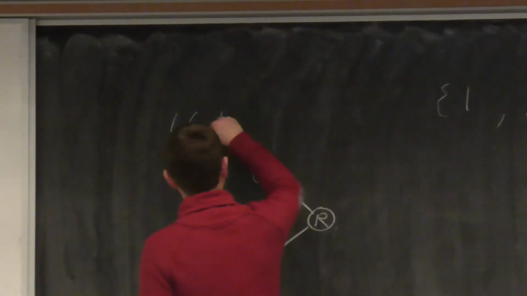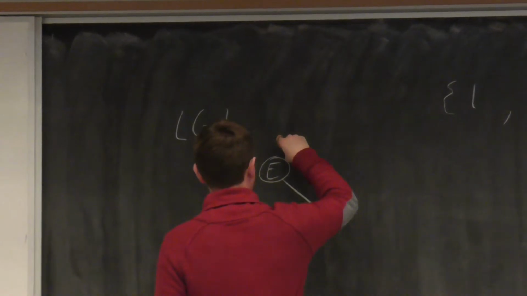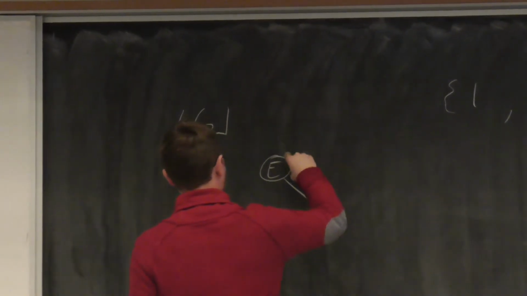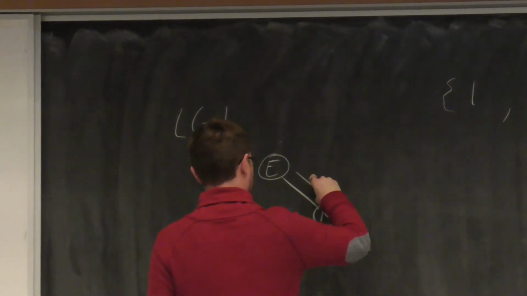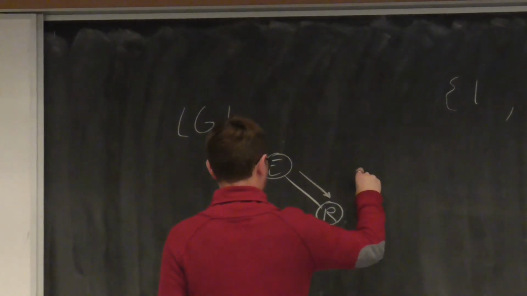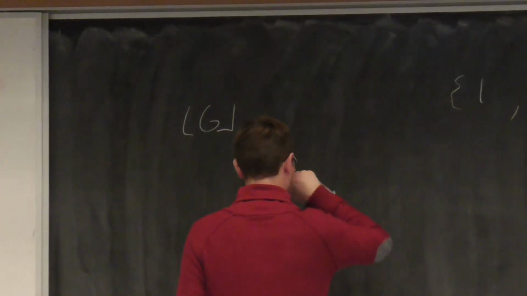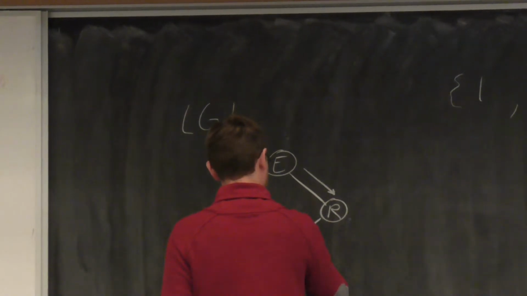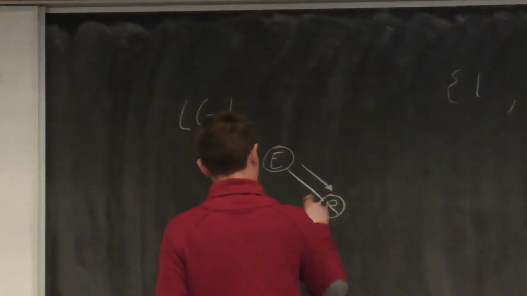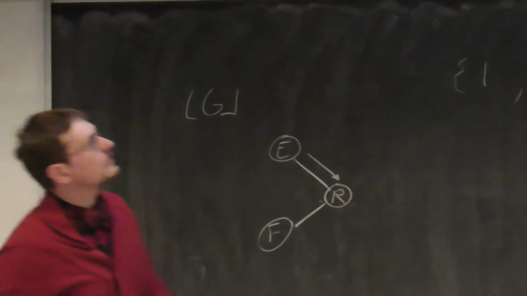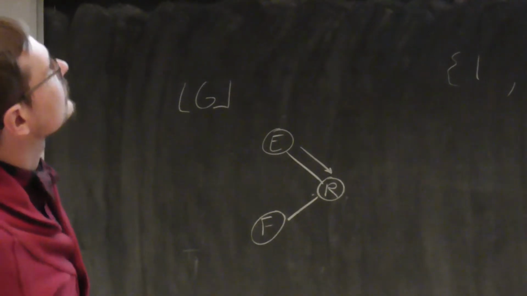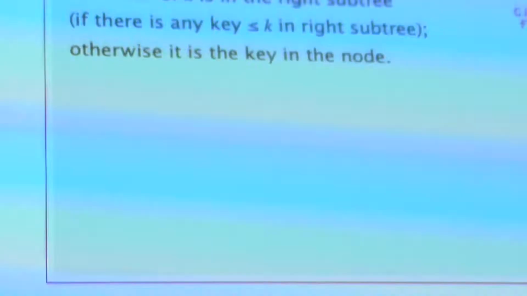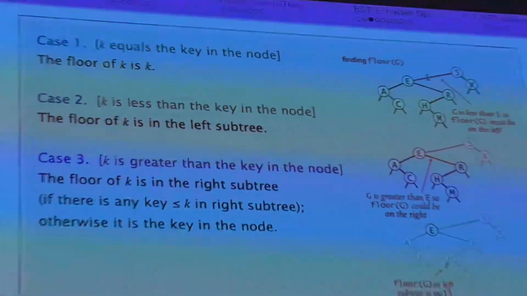So G compared to E, E is less than G, so we look down this way, right? R is greater than G, so, and F, yeah. Do we have code for this? I don't know. Here we go.